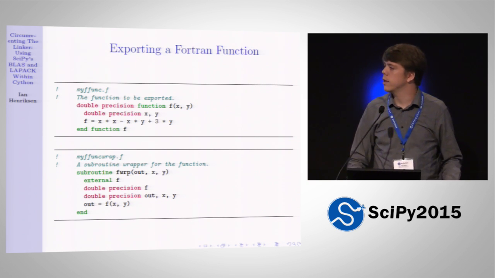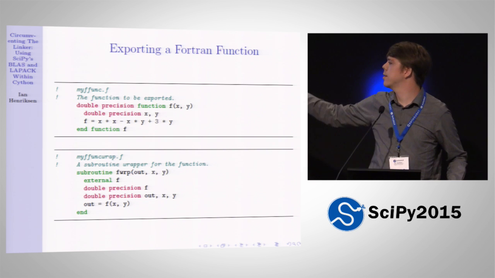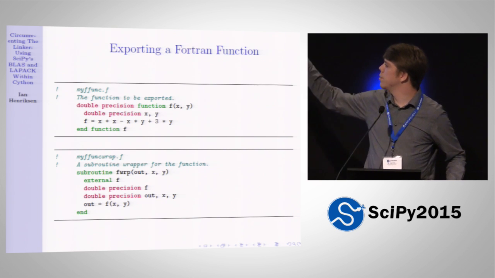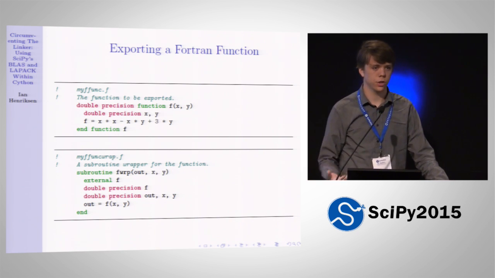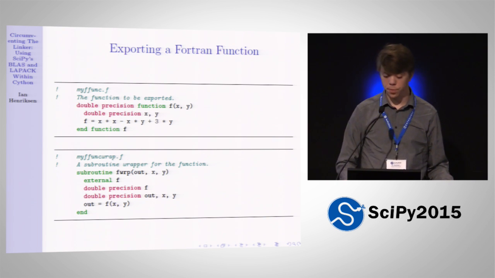And so the approach that we settled on was to wrap every function in a subroutine that modifies one of its arguments. So this is an example. Up top I have the function, and then on the bottom I have the subroutine that just calls the function and modifies one of its arguments. So there's the subroutine wrapper.